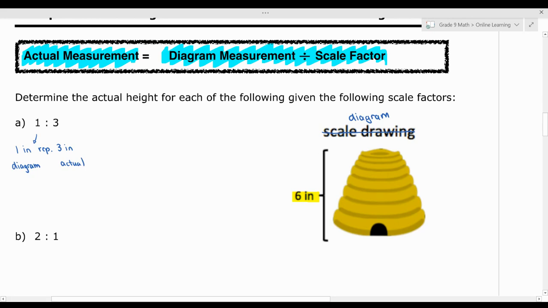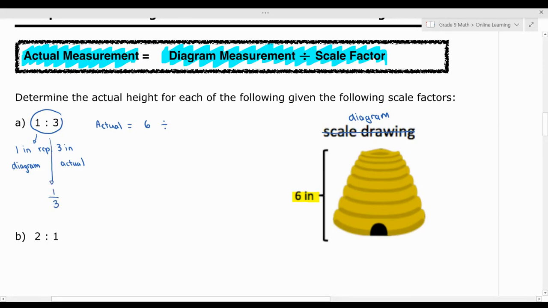Okay, instead of you having to set up the proportion statement, let's use the formula. So we could then say the actual would be equal to the diagram measurement, which is 6, divided by the scale factor. Now, what I'd suggest is take this version, the 1 to 3, and write it as a fraction.